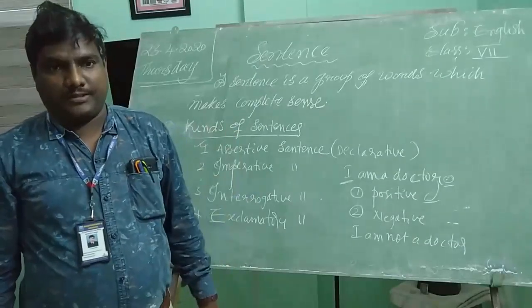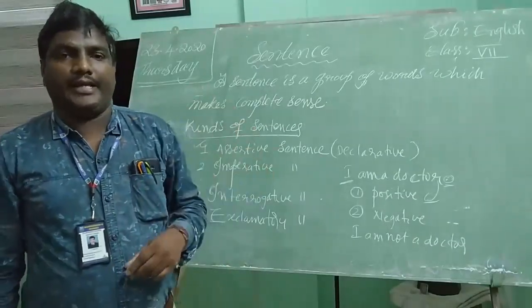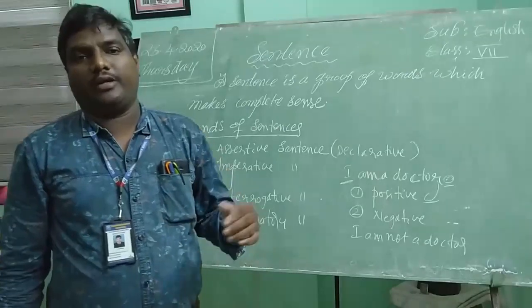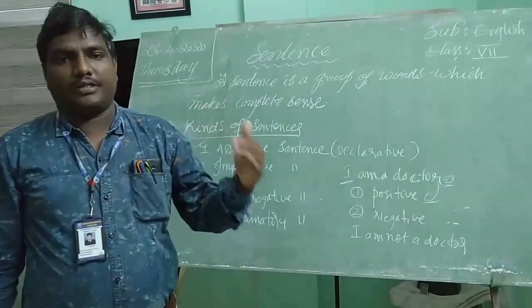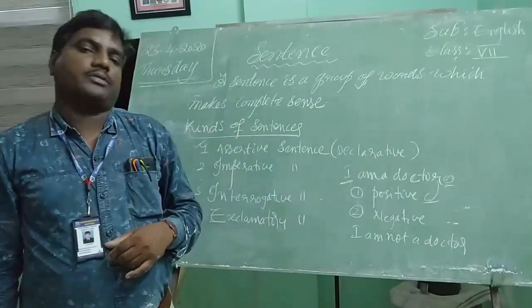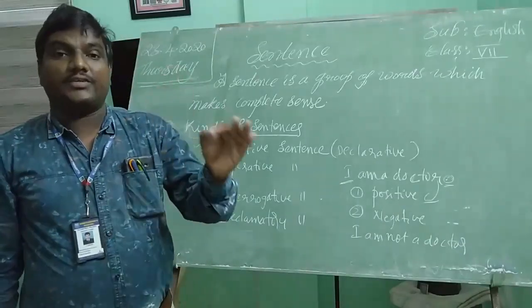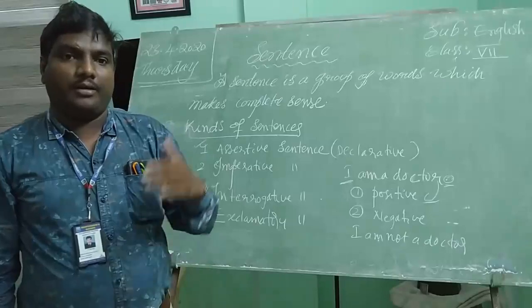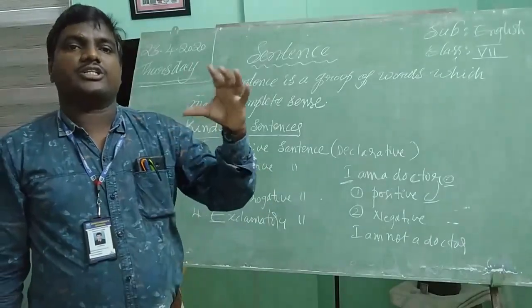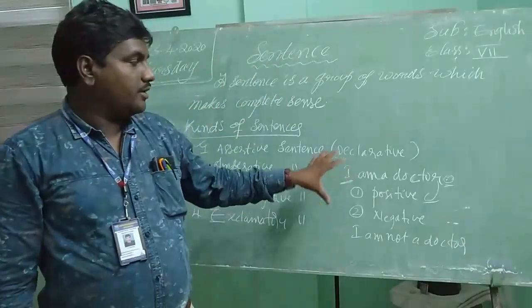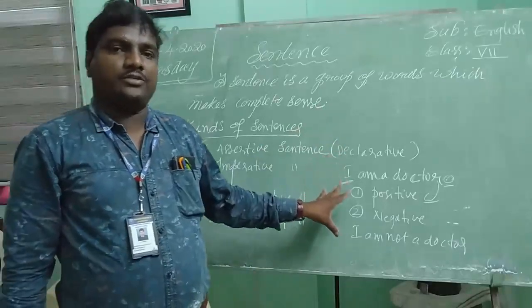What are the examples? Option A, assertive sentence. Option B, imperative sentence. Option C, interrogative sentence. Option D, exclamatory sentence. What is the correct answer? Assertive sentence is the correct answer. Why? Because that is a statement. Like that we have to identify the assertive sentence.